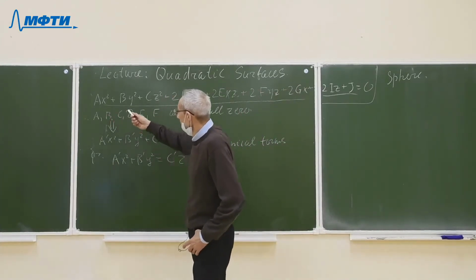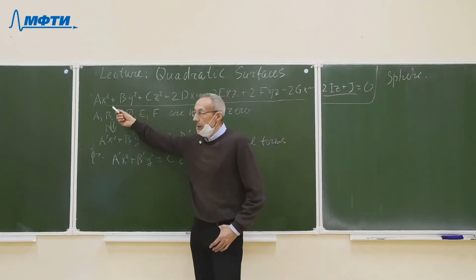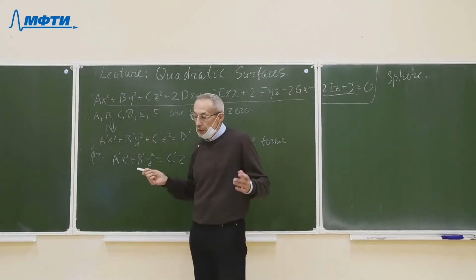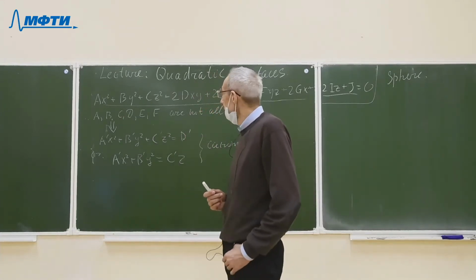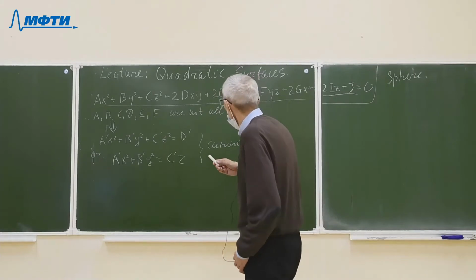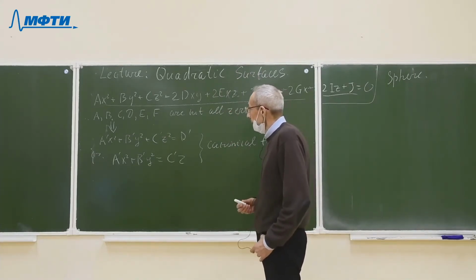The surface in space which is defined by an equation which is a polynomial of second order is called a quadratic surface.